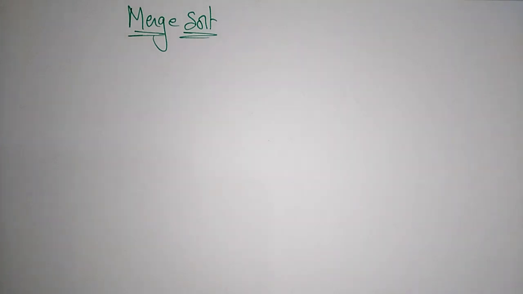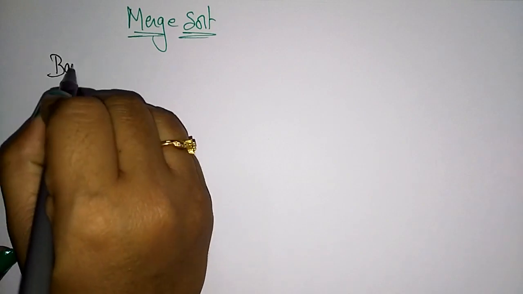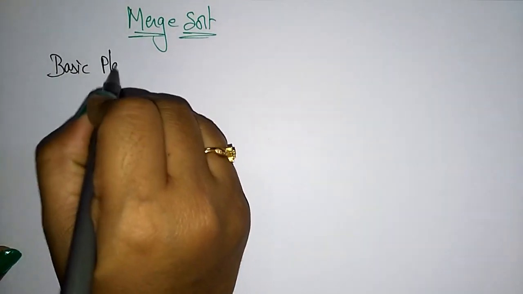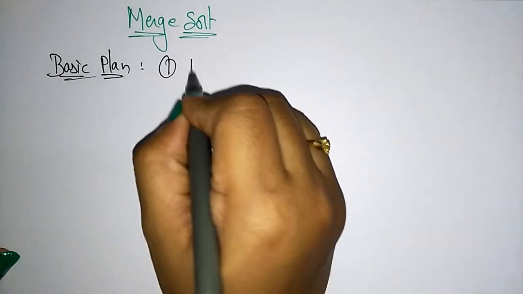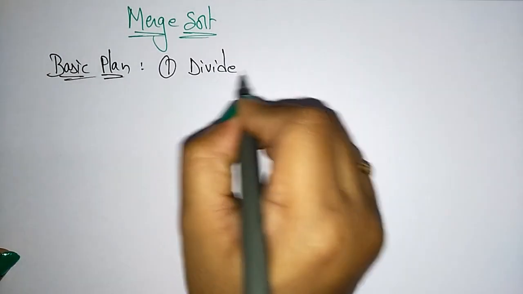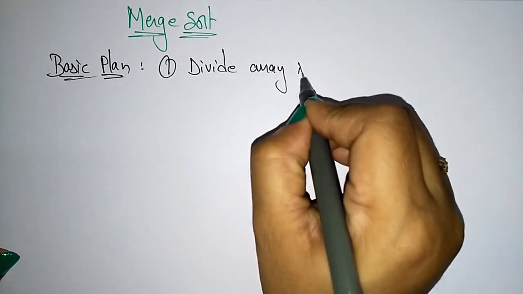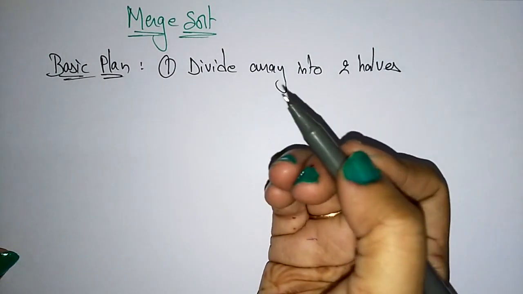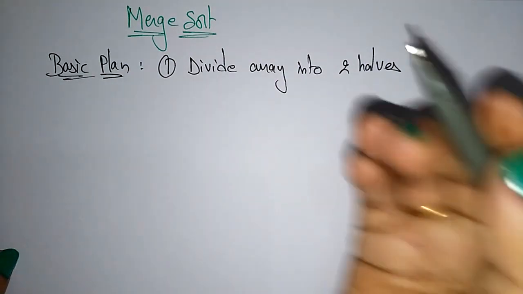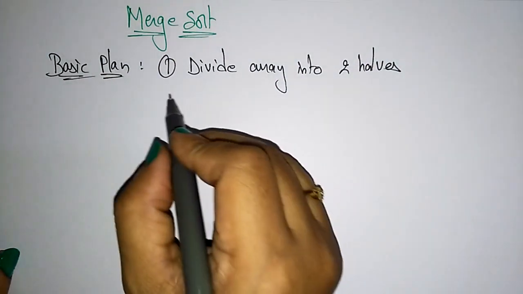Before going to know about merge sort, you have to know the basic plan of what merge sort will do. First, it divides the array into two halves. Whatever the array size is, suppose n, it is divided into two halves of n by 2.